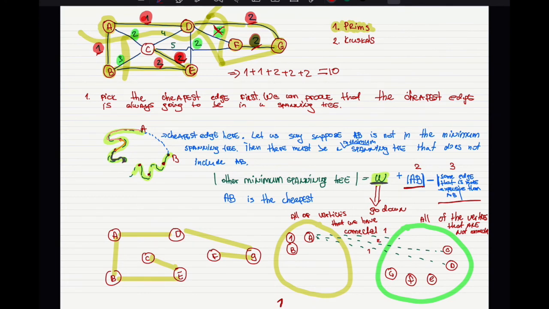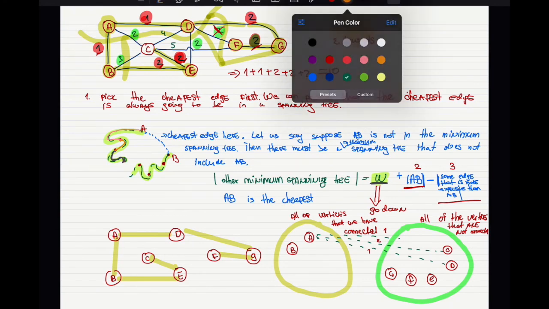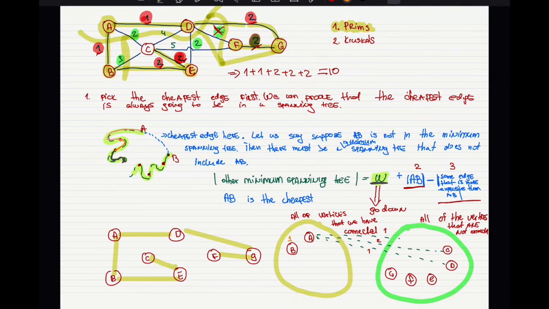Okay, so let's go ahead and maybe mark this with a different color here. And at this time, like we did in Dijkstra's algorithm, we're going to go ahead and update the cost of how much it takes to get to C from A. So in that case, it takes 2, and then to get from A to D, it takes 1.